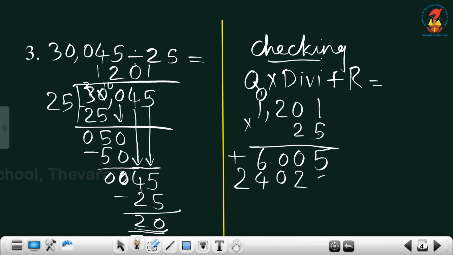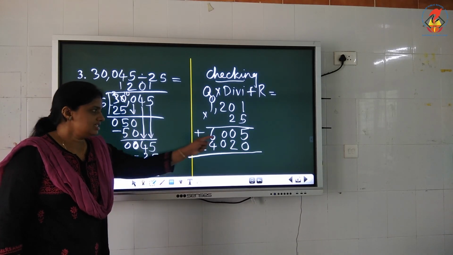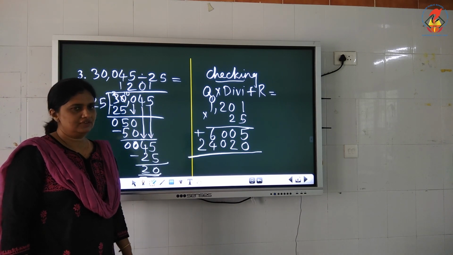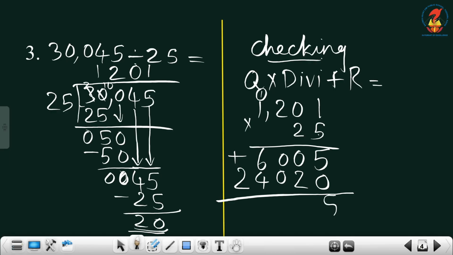Addition. I simply put 0 here. Nothing is in ones place for the second step, right? That's why I simply put 0 in the ones place. 5 plus 0, 5. 2 plus 2, 2 plus 0, 2. 0 plus 0, 0. 6 plus 4, 10. Then 2 plus 1, 3. Okay.